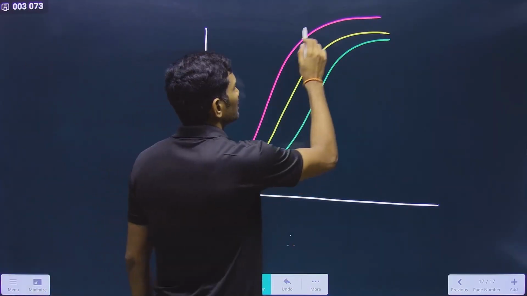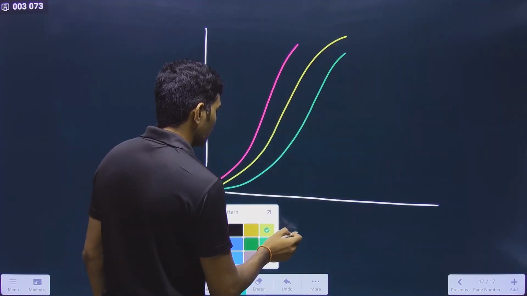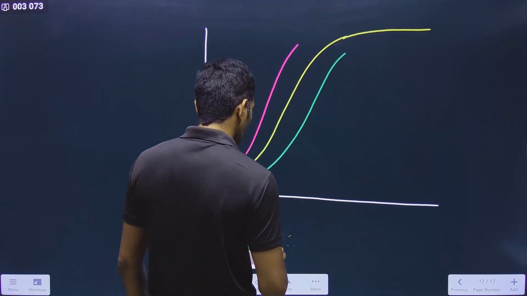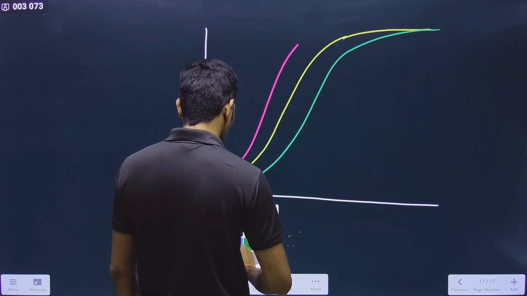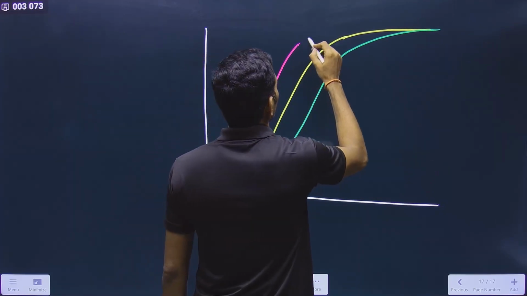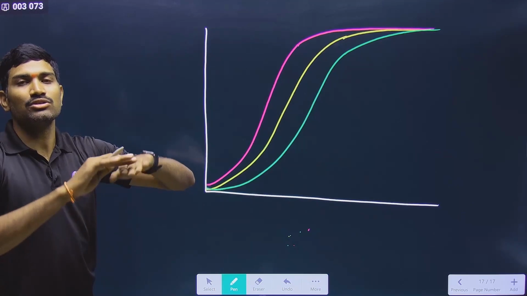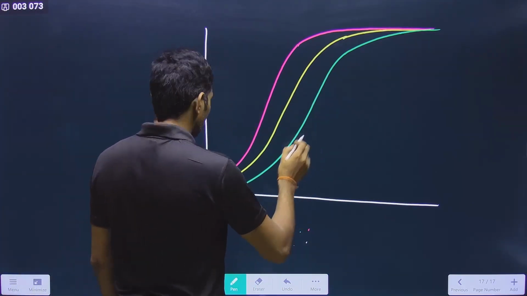Now please remember, in all these cases the final value should remain the same. Even though one is coming here, somewhere it is coming and matching with the same, and here also it should come and match with the same. So all of them should have the same level because the total saturation will be the same.